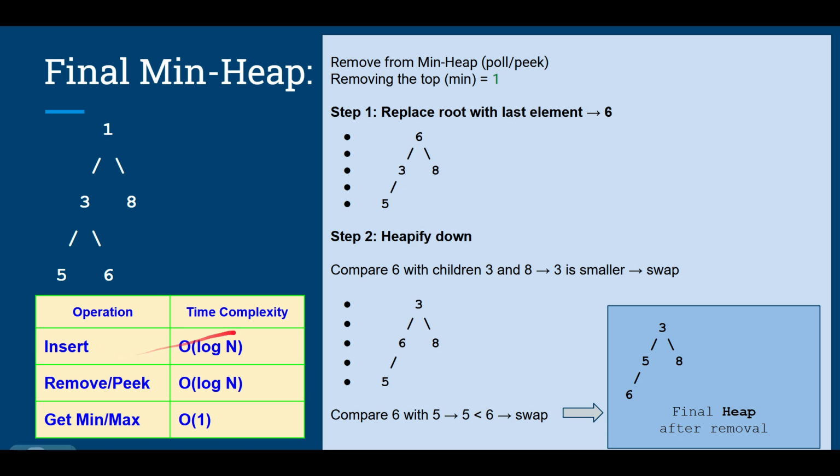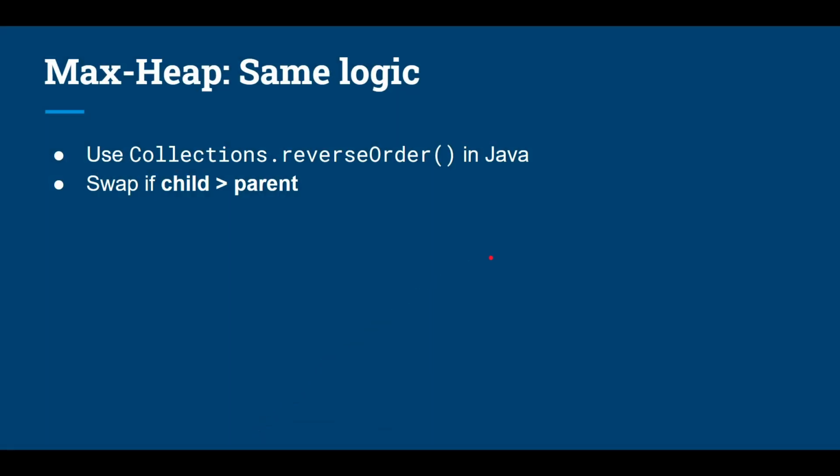So for each operation on the min heap, insertion will take log n, remove or peek will take log n, and if we talk about finding the min or max, it will take O of n. Now let's understand the max heap. Just do the same logic but in reverse order.